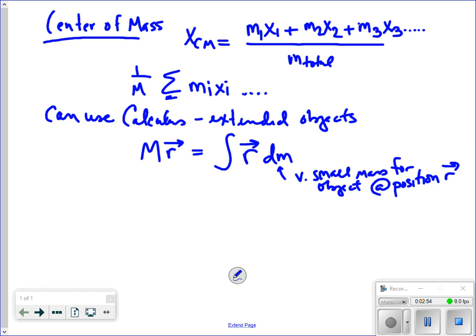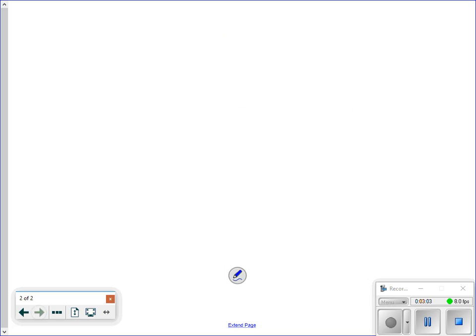Now, what I want to do is to show you two examples, and let me move the page. Oh, here we go. Get a clean page. So our first one that I'm going to show you is if we have a uniform rod. Even a meter stick has far too many points for us to use a system of points to find the center of mass.